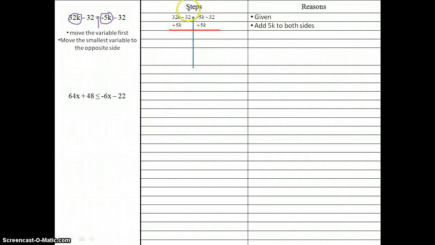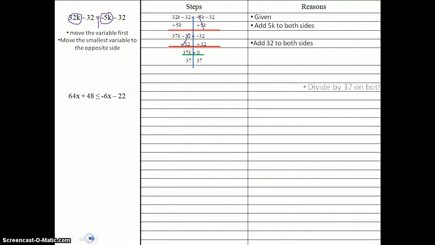Okay, that's going to cross it out on this side, and then we're left with 37k minus 32 equals negative 32. Now we're just down to a two-step equation. We're going to add 32 on both sides. That's going to cancel this out right here. And so then we're left with 37k equals 0.